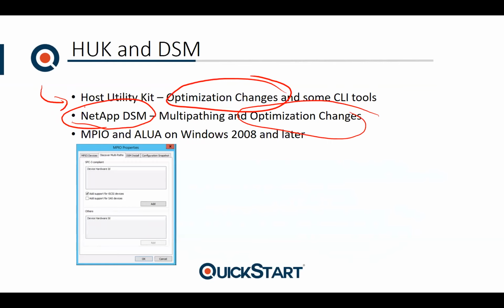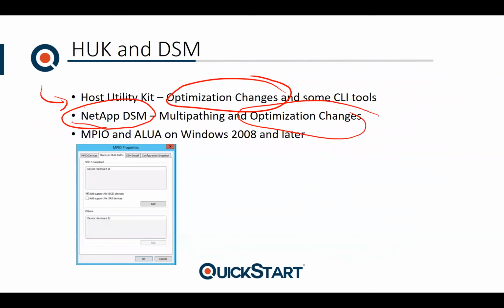Okay, and we're using MPIO nowadays instead of MCS. But actually, the NetApp DSM is just a little bit more efficient, and therefore is a really good investment to optimize my connectivity, whether I'm using iSCSI or Fibre Channel, really making some registry changes, queue depth type option changes, and again, gives me a little bit more control over the multipathing.